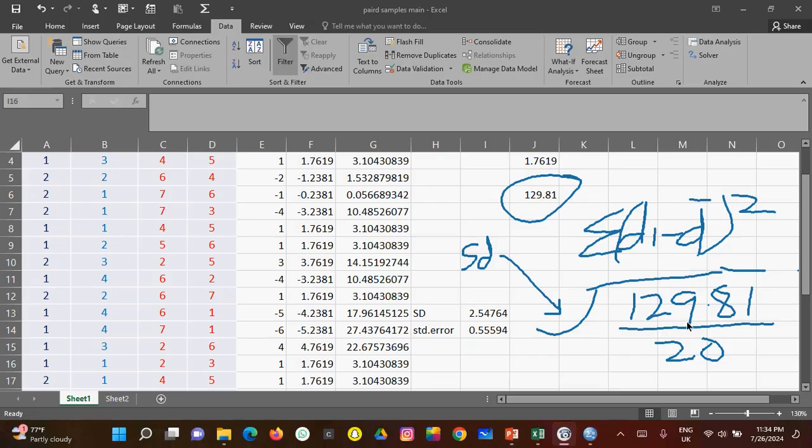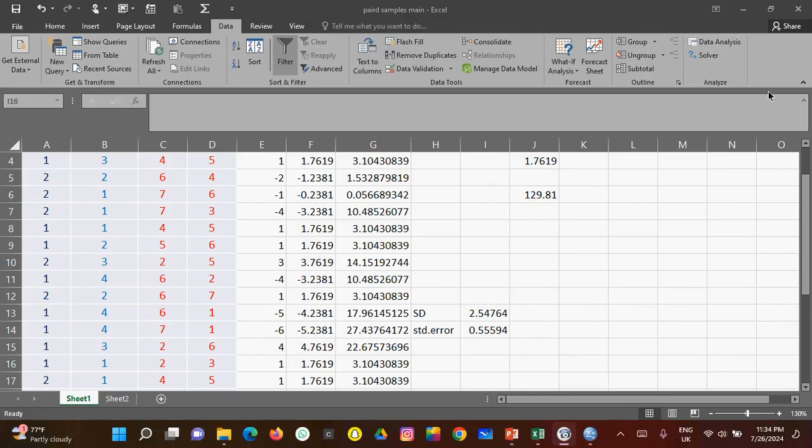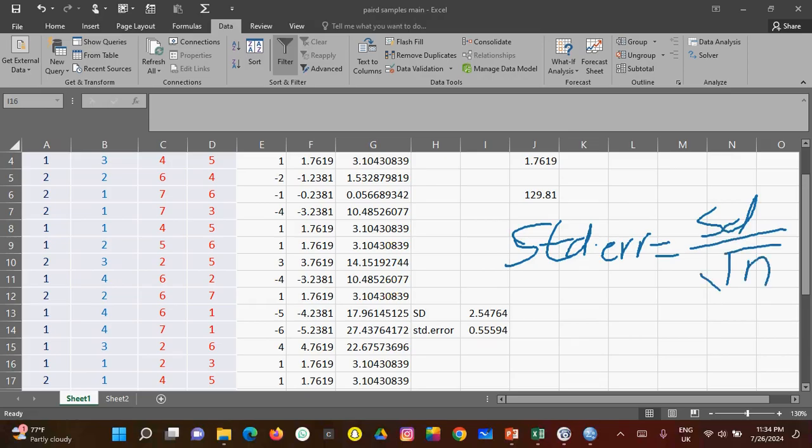So standard error is equal to SD over root of n, right?